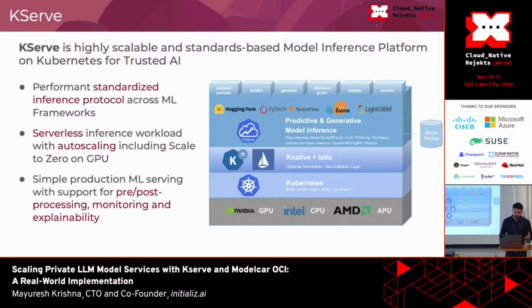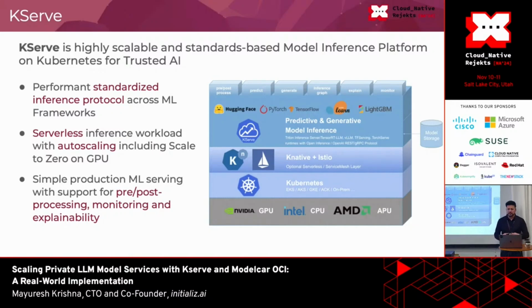It's a performance standardized inference protocol, so it supports different ML runtimes. You can run your ONNX runtimes, you can run your TensorFlow, you can run your PyTorch, and it also supports LLM runtimes, so you can run runtimes like vLLM or Hugging Face accelerators.